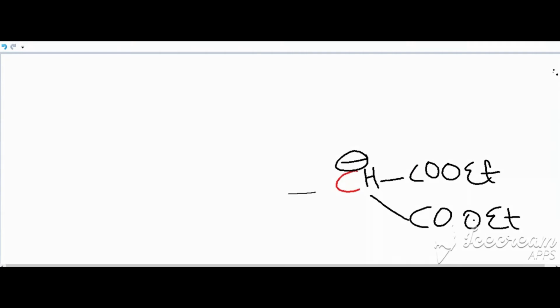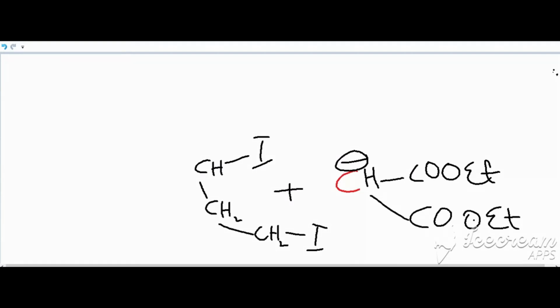Now what has happened? The diiodo reactant is taken.